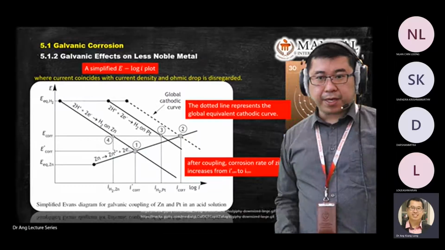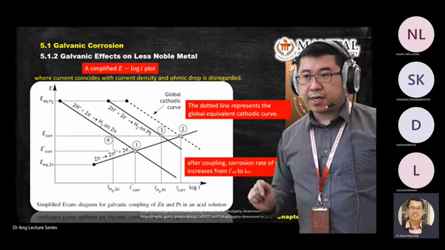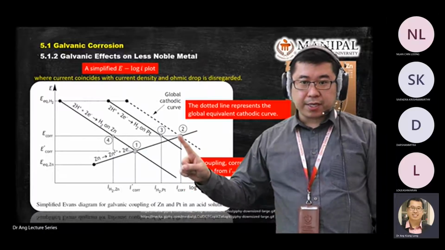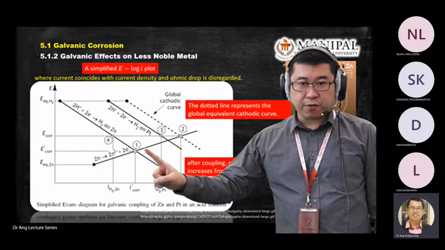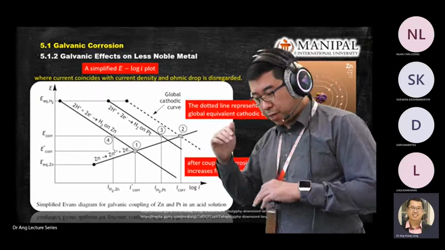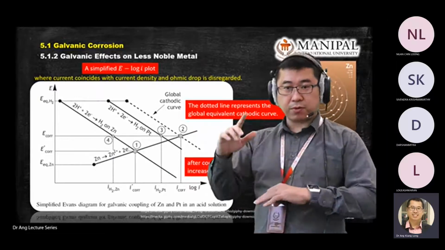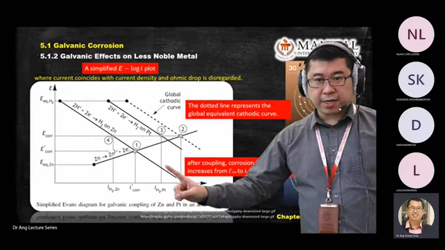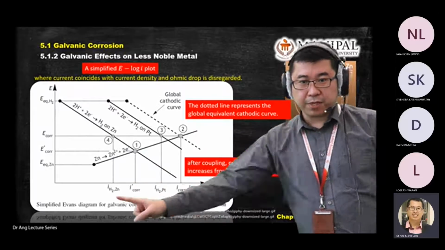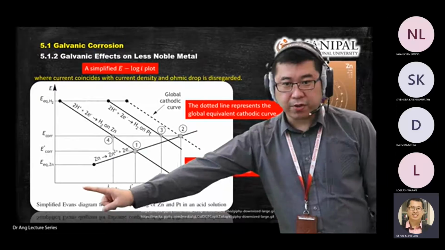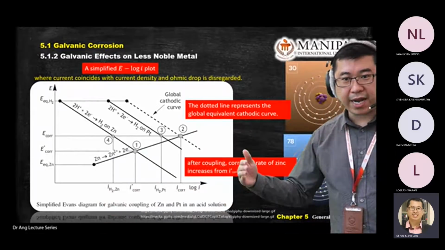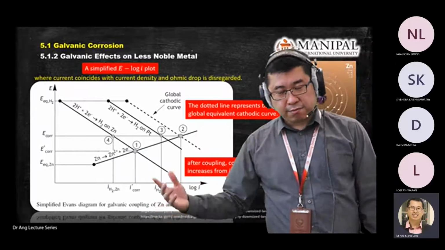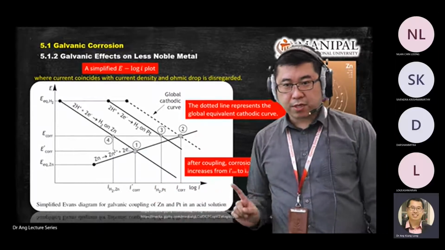After coupling, you can see the corrosion rate for zinc, meaning again when we talk about corrosion rate, it means the lower nobility metal, increased from this point to this point. In the graph, when you move to the right, the value is higher. This axis is log I, but the value increases towards the right.